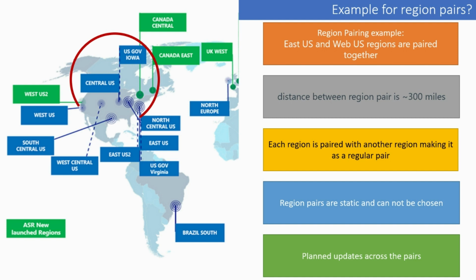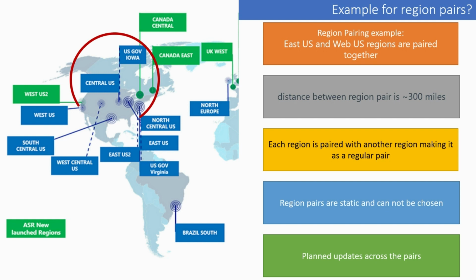Each region is paired with another region, making it a regional pair. When you are buying a service or configuring a service, region pairs are static and cannot be chosen. Microsoft platform plans updates one region at a time between the Azure regions to ensure that updates are successful and there is no rollback.